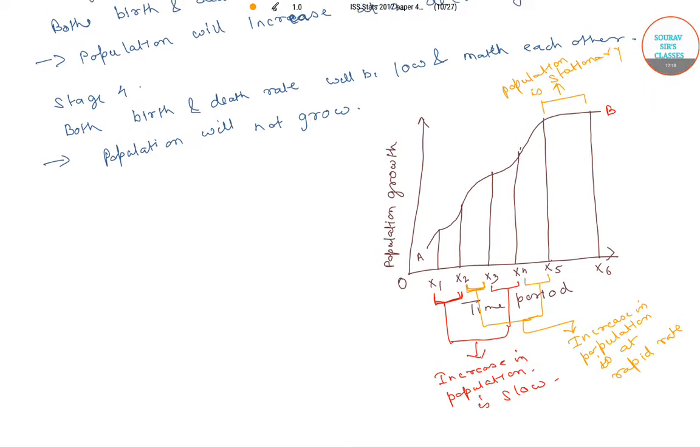So this is the Pearl and Reed method of fitting the logistic curve for population projection.